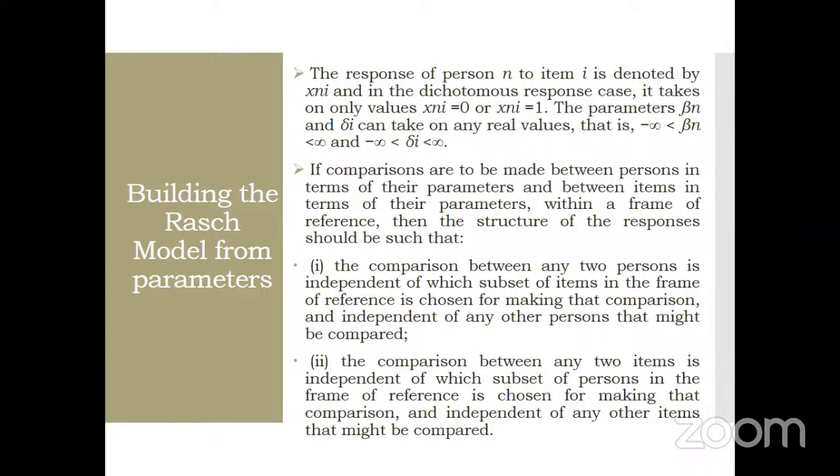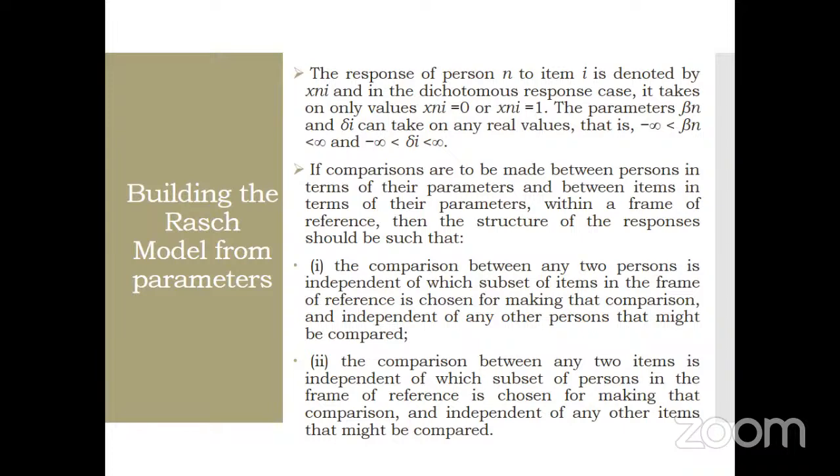Let us consider the response of person n to item i, denoted by X_ni, as we just discussed. In the dichotomous response case, it takes on only the values X_ni equal to 0 or X_ni equal to 1. X_ni equal to 0 means the person got the item wrong, and X_ni equal to 1 means the person got it correct.